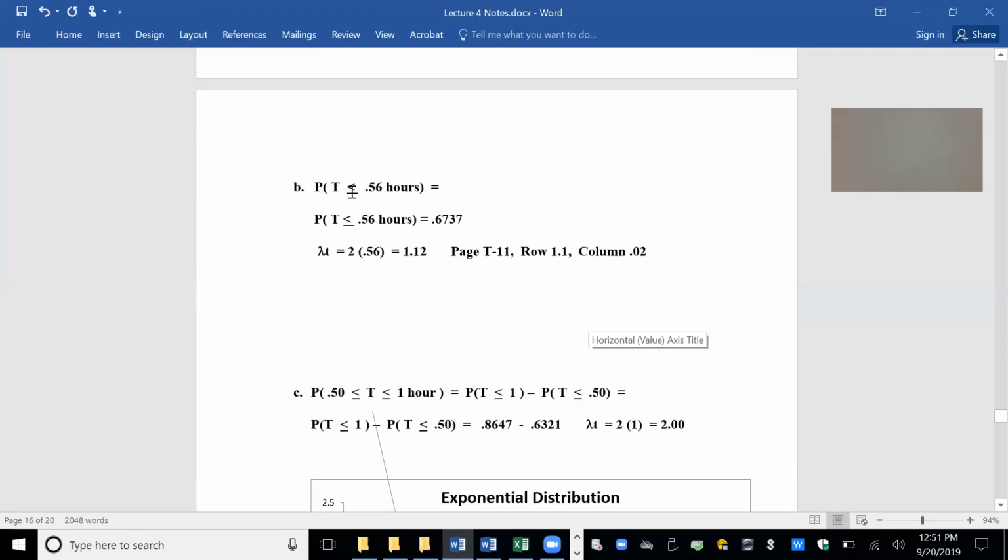This will help you in figuring out how to use the table. What if we wanted to know the probability that something will come in within the next 0.56 hours? Don't know why I'd be interested in that, but let's just do it. Well, lambda is 2 and t is 0.56. Multiplying, we get 1.12.